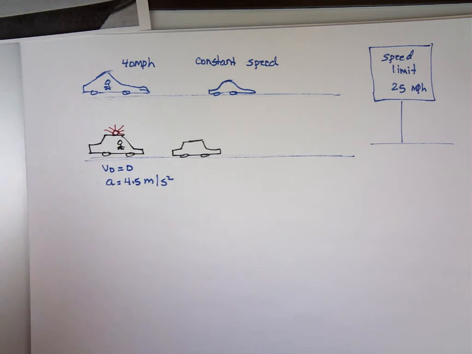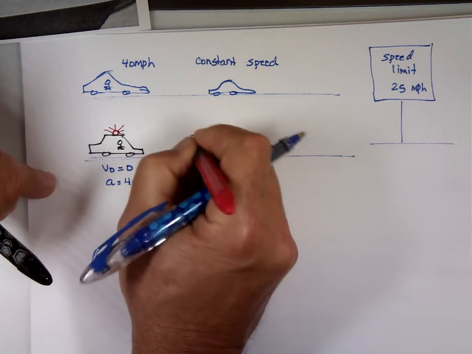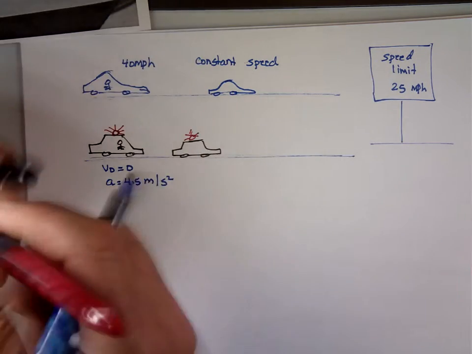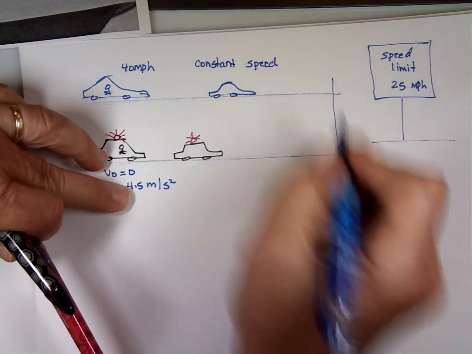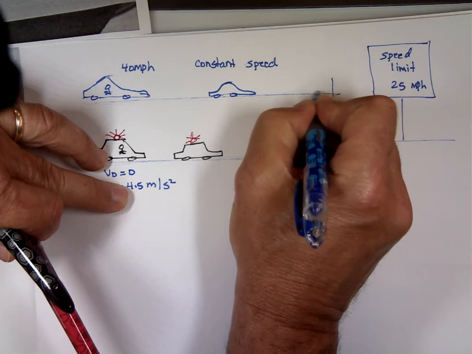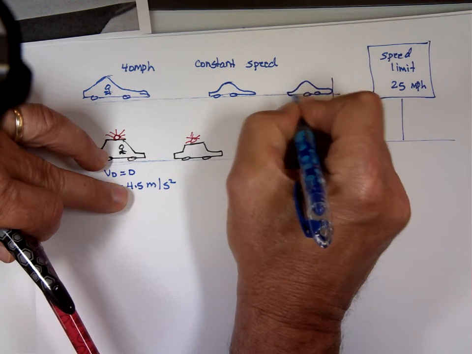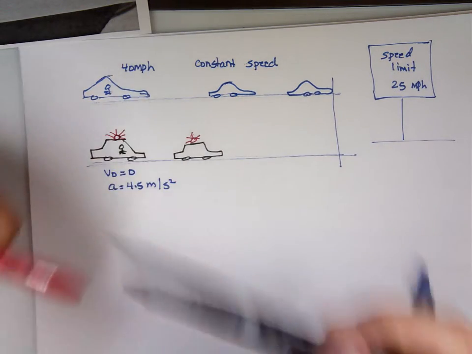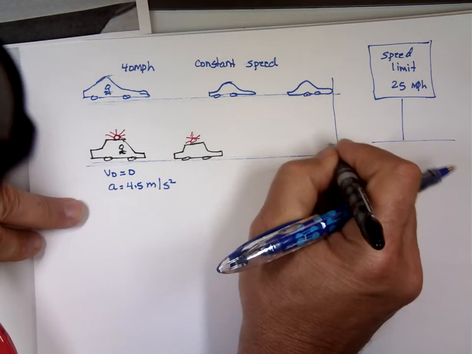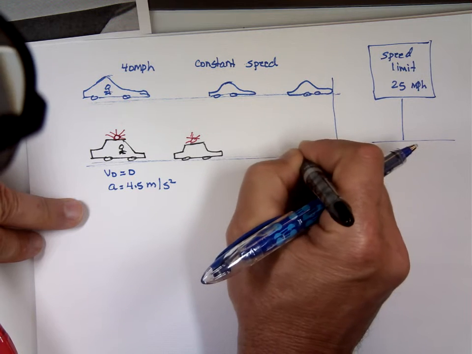Then eventually you're going to reach this point where the two cars are next to each other. And there's the cruiser. So how long does it take the cruiser to catch up to you?